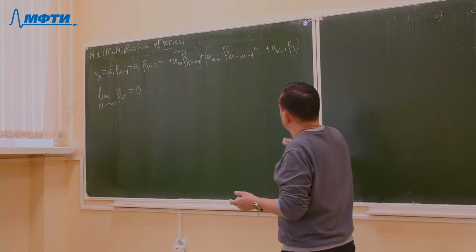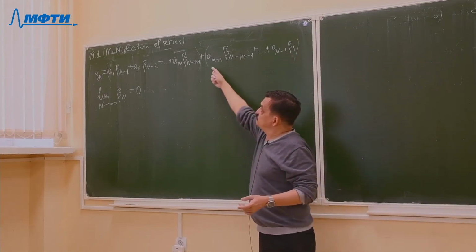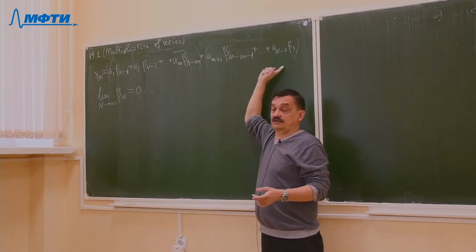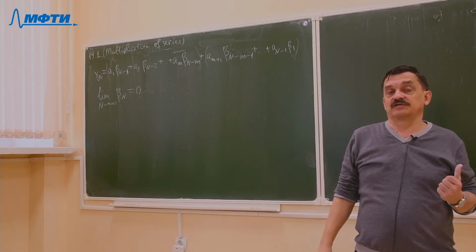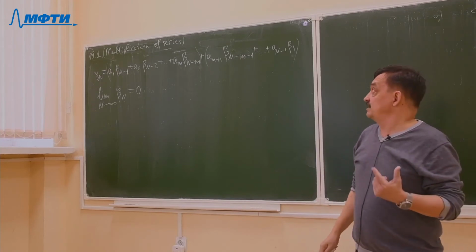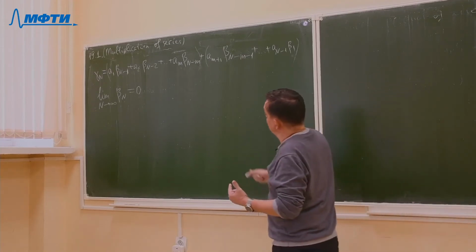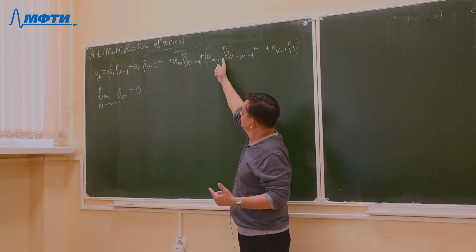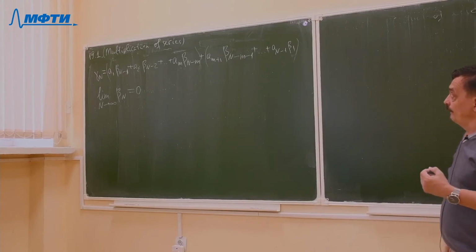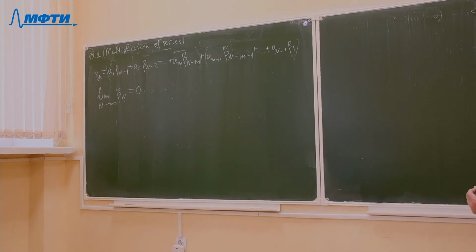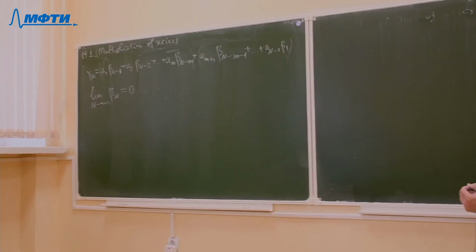So, we can make the second half of our expression small. How? Because the a's should be very small, right? In which sense? In which sense do they have to be small?